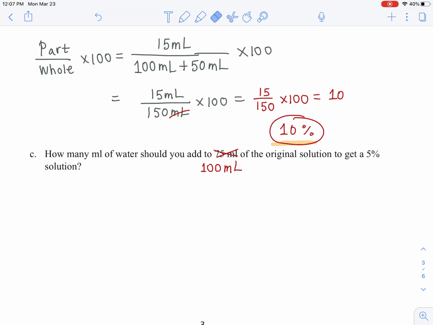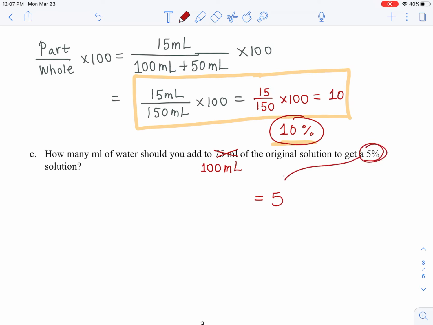Now what I want you to look at is the setup that we were using. I'm going to highlight this part right here and use that. What we know is we want the other side of the equal sign to be 5%, so I put 5 right there. The other side, we are going to be multiplying by 100.